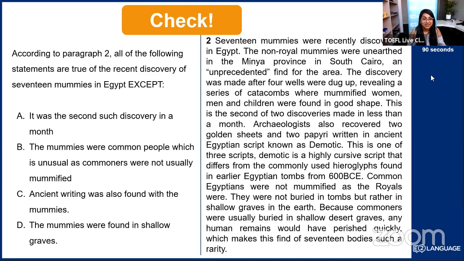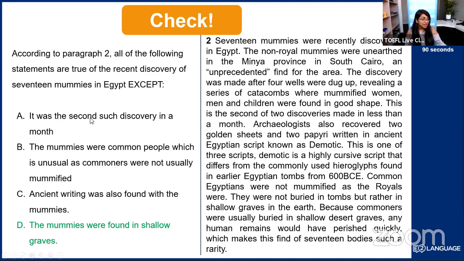Okay. We have a few answers come in, but the correct answer is actually D. The mummies were found in shallow graves, because it doesn't say that. So remember that we're trying to look for something that's incorrect according to the passage, or something that's just missing.